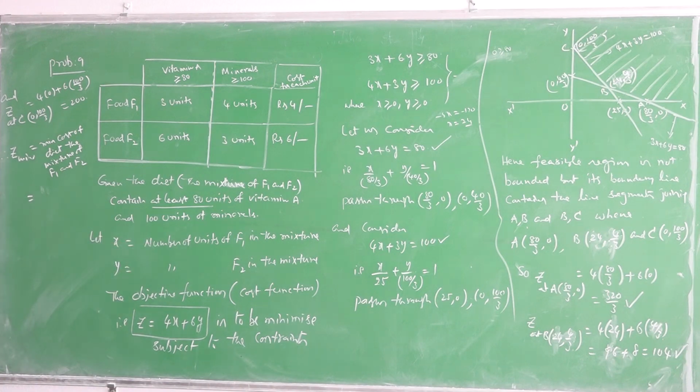The first one is 106 point something, the second one is 104, the third one is 200, hence 104. Rs 104 is the cost.